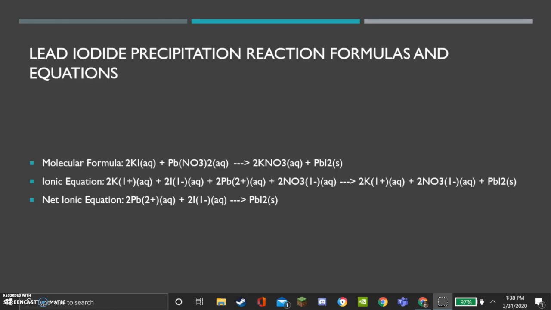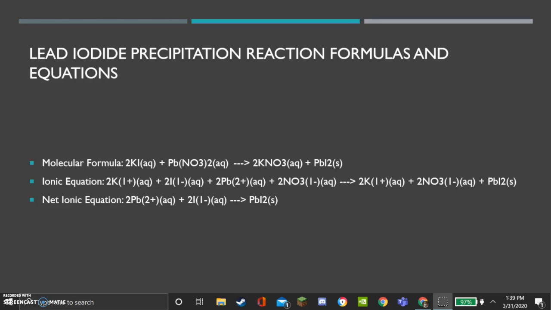The ionic equation we get from dissociating the individual ions from the initial molecular formula. By doing so we would get 2 moles of potassium, which has a positive charge of 1, which is aqueous, plus 2 moles of iodine with a negative charge of 1, which is also aqueous, plus 2 moles of lead, which has a charge of positive 2, and this is also aqueous, plus 2 moles of nitrate, which has a charge of negative 1 and is aqueous.